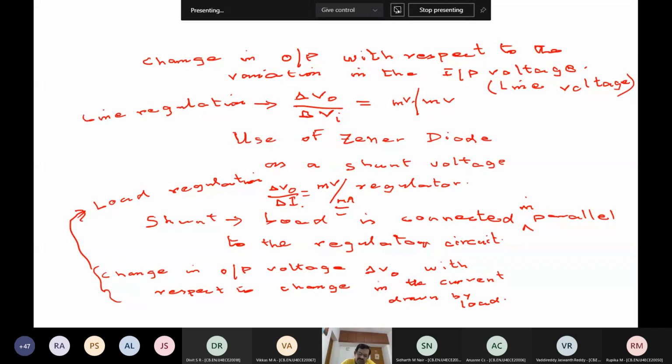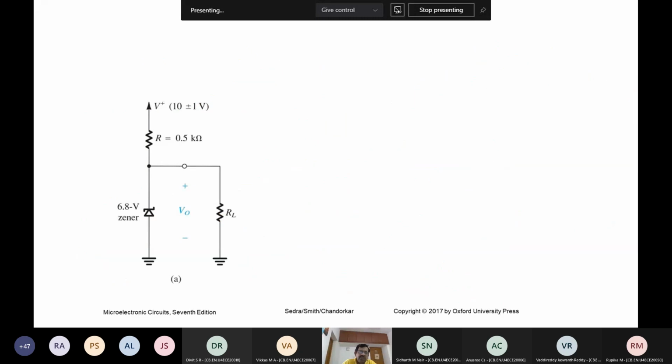Whatever output is taken from the regulator needs to be supplied to the device, so your device is your load appliance. The parameters are given here.